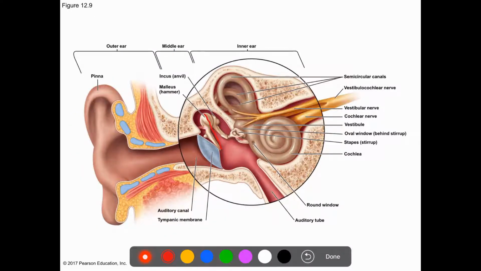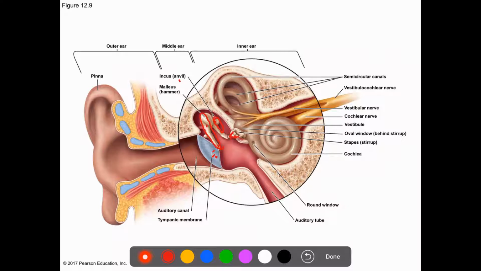So the first one is the malleus. It's connected to the incus, and the incus is connected to the stapes. So these are three little bones receiving the vibrations from the tympanic membrane. And what happens when the tympanic membrane vibrates? The malleus will vibrate, the incus will vibrate, and the stapes will vibrate. This happens every time you hear a sound, including now.